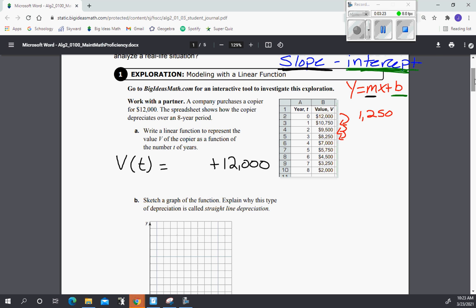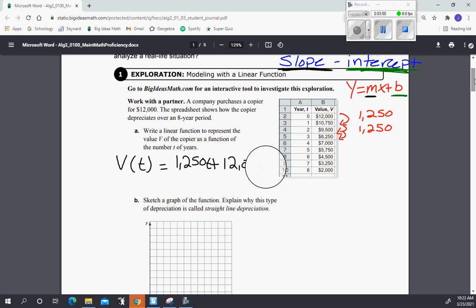The next one, from year 1 to year 2, that's down how many? $1,250, right? It looks like it goes down $1,250 each year. So I'm going to write that, 1,250 for t years, right?